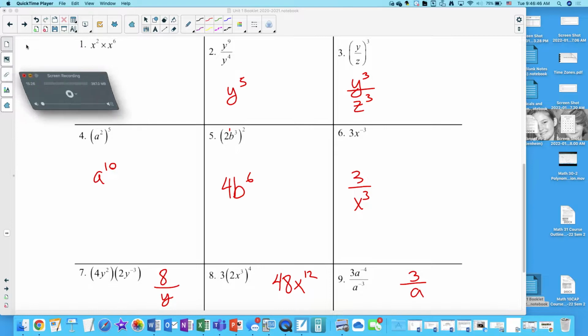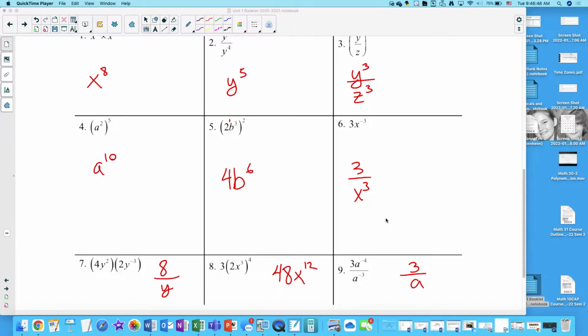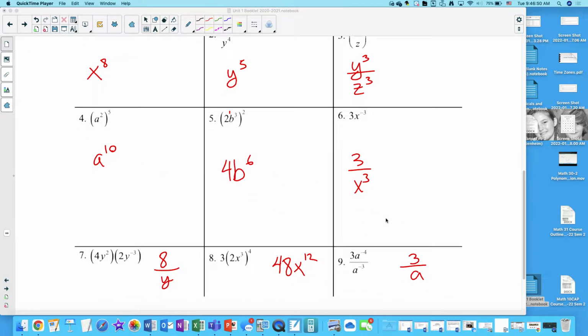You only move the exponents that are negative. If you have a product and in one part of the product you have a positive exponent, in the other part you have a negative exponent, leave the part that's positive where it is. So what this actually is, it's 3 to the 1 times x to the negative 3. Okay?